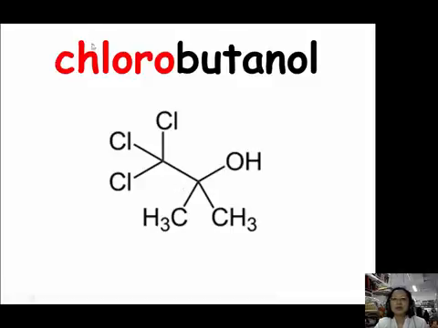Our example is chlorobutanol. The structure of chlorobutanol is shown here. It is a chemical preservative, sedative, and hypnotic, and it can be used as a weak local anesthetic, similar in nature to chloral hydrate.